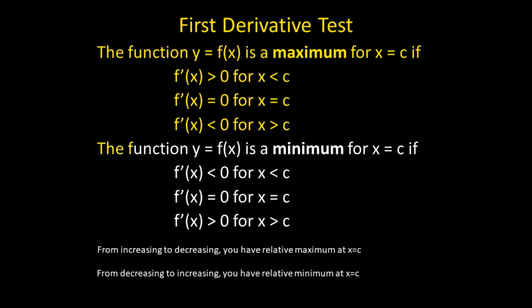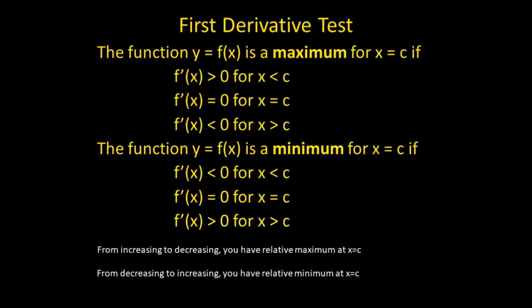and the function y is equal to f of x is a minimum for x is equal to c if the f prime of x is less than 0 for x is less than c, the f prime of x is equal to 0 for x is equal to c, and the f prime of x is greater than 0 for x is greater than c.